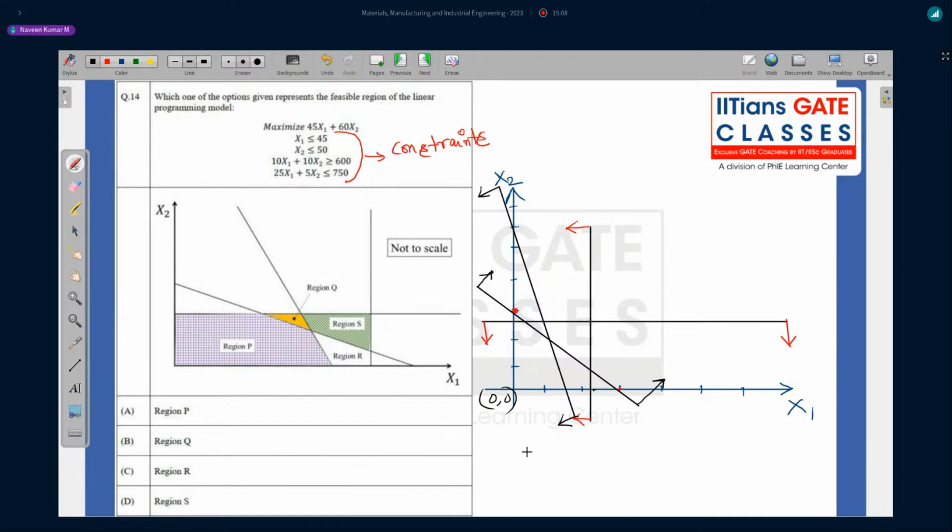Now see, what is the common region here? The common region you should be able to identify. So what is the common region here? If you are identifying, the common region is this, simply this.